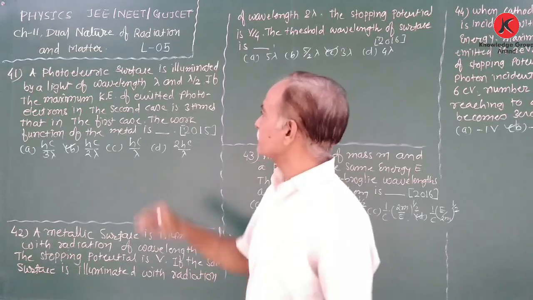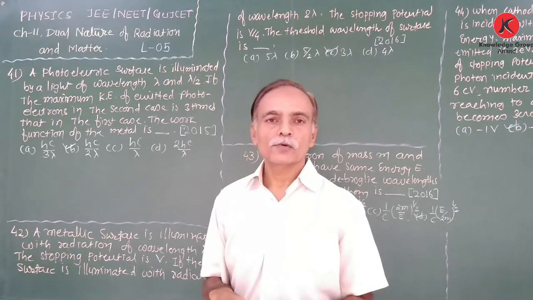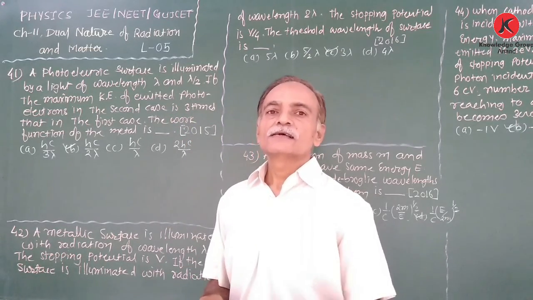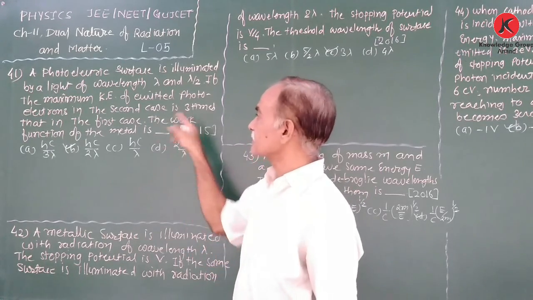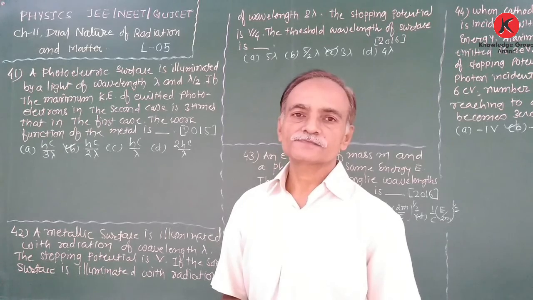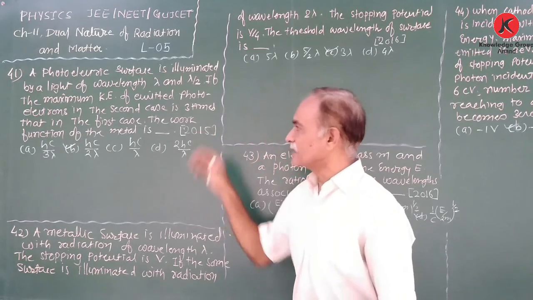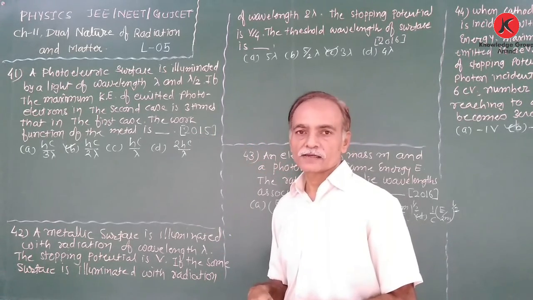When the wavelength becomes lambda by 2, the maximum kinetic energy of the emitted photoelectrons becomes 3 times the initial. So what should be the work function of the metal?